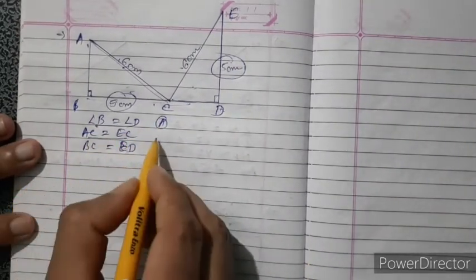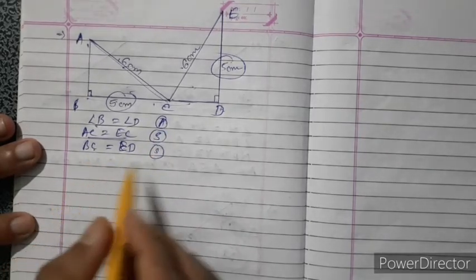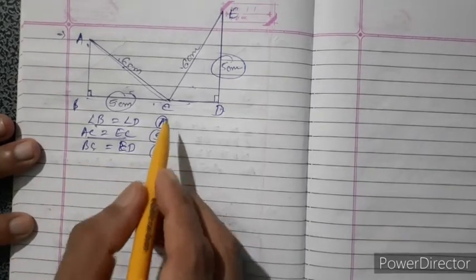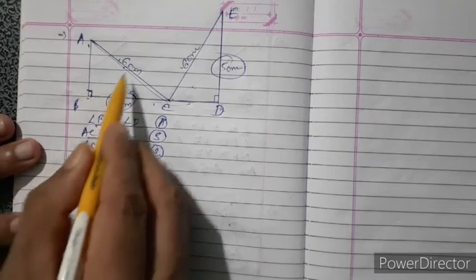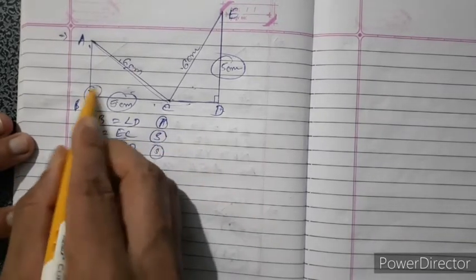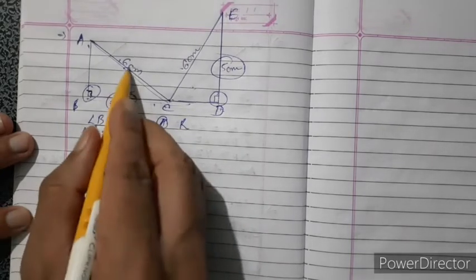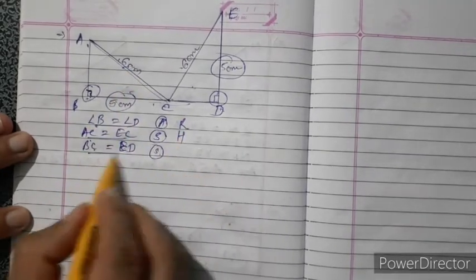This one, AC, is one side, and this one is also one side. Now check, are two sides and the included angle there? No, that is not there. Then check it properly. The angle is a right angle, so a right angle is there. AC is the hypotenuse, H, and one side is there.